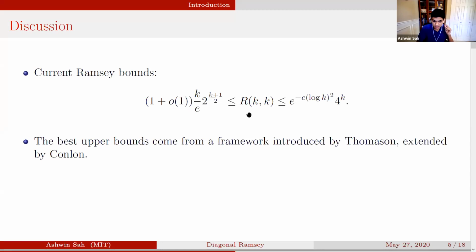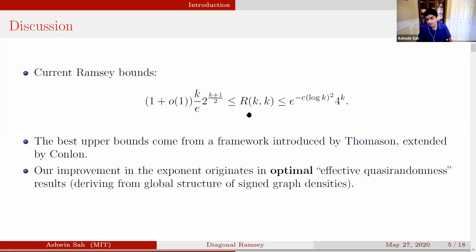Okay, so the best upper bounds are coming from this framework of Thomason. And the improvement that we're getting in this secondary exponent is originating in certain optimal, what I like to call effective quasi-randomness results. I'll just say a bit more about what the new ideas are here, even though maybe it won't make sense as of yet.